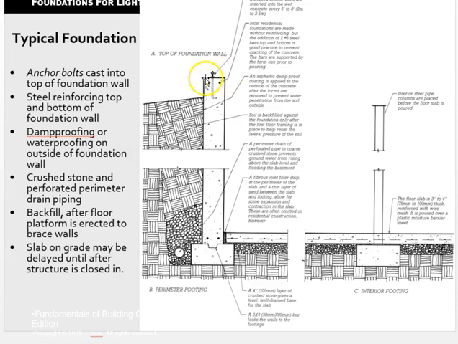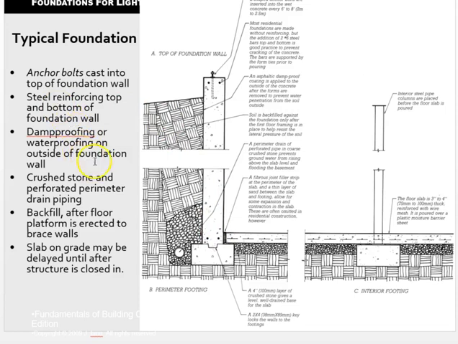These anchor bolts will secure and fasten that pressure treated sill at this point. Steel reinforcing top and bottom, that's right here, these small 2 circles, and these two small circles as well. That's the rebar reinforcing that's been cut in section, so we're just seeing the end section view of it.